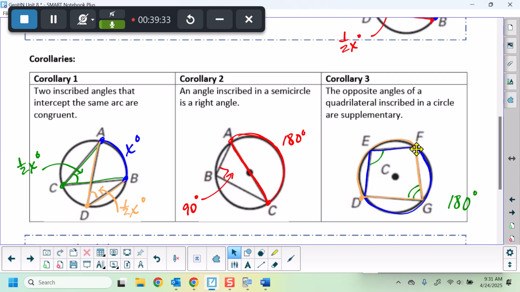What is the whole circle? What degrees? 360. So that means that those angles added together are 1/2 of 360 or 180. So if you have a quadrilateral inscribed inside of a circle, these two angles are going to be supplementary. Kind of cool when you think about it.